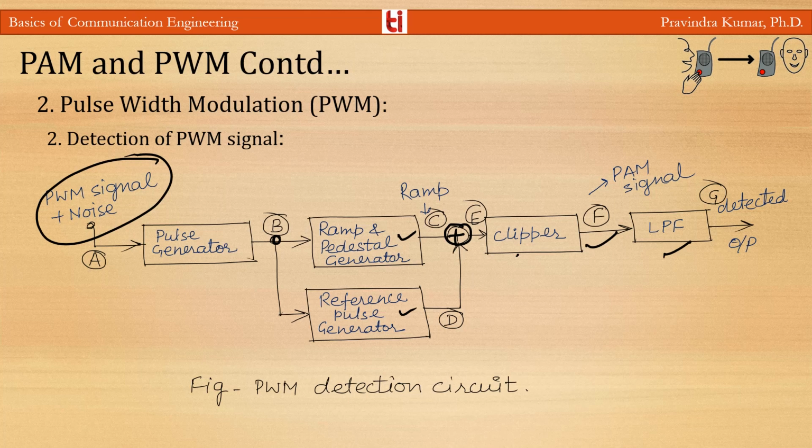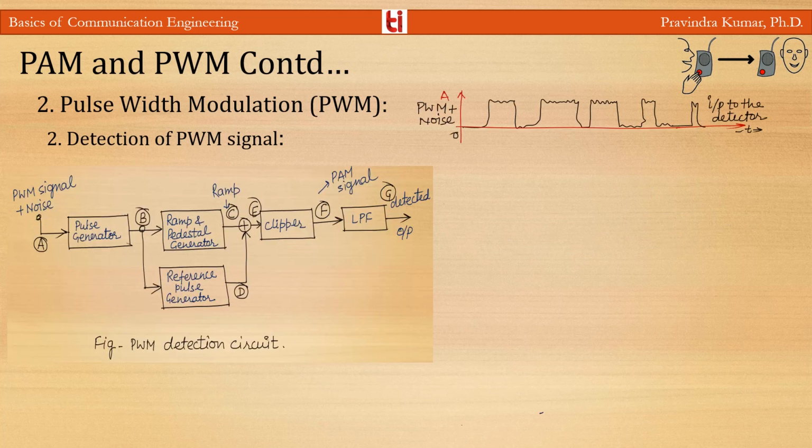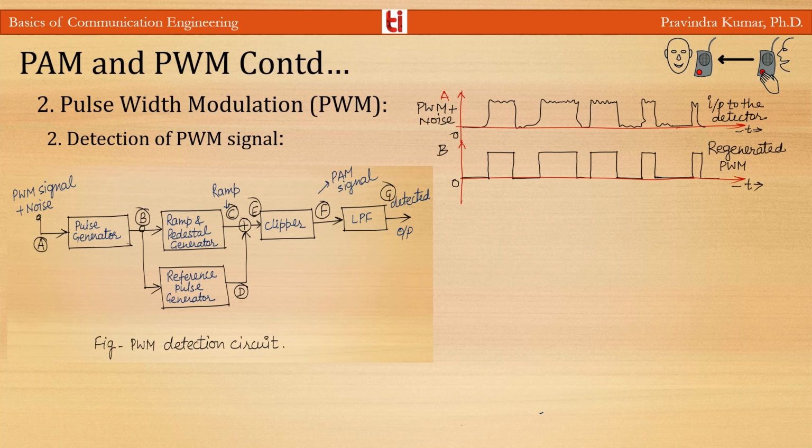Now the waveforms of these circuits at different points A, B, C, D, E, F, G. You can see this is the waveform at point A, the PWM signal plus noise, the input to the detector, and this is the regenerated PWM signal at point B after the pulse generator, and this is the ramp signal at point C, the output from the ramp circuit, and the output from the reference pulse generator.